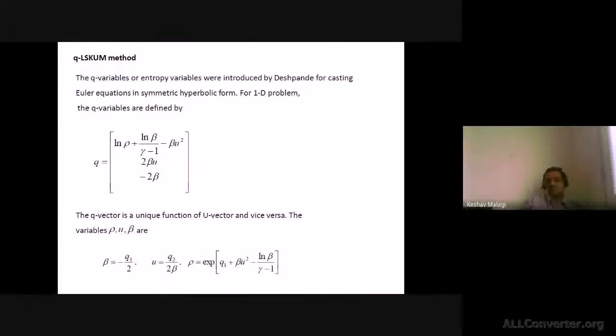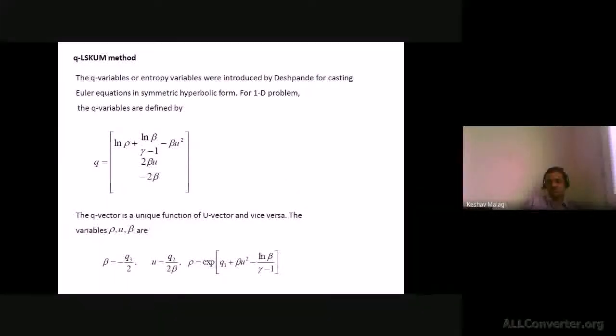So why the Q method has been brought here is once you are doing the defect correction kind of thing or reconstruction kind of thing, which you might have heard of in finite volume also, the reconstructed Maxwellian flux function that you get need not be Maxwellian.